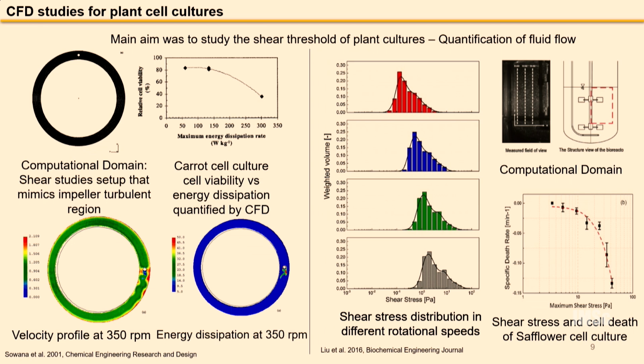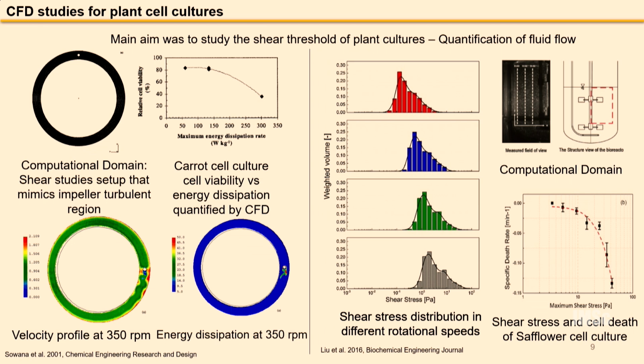In another, with safflower cell culture in 2016, they modeled only this particular region of the stirred tank reactor as the computational domain, and they looked at how the shear stress is distributed in this region and how the shear stress is related to the death rate of the culture.